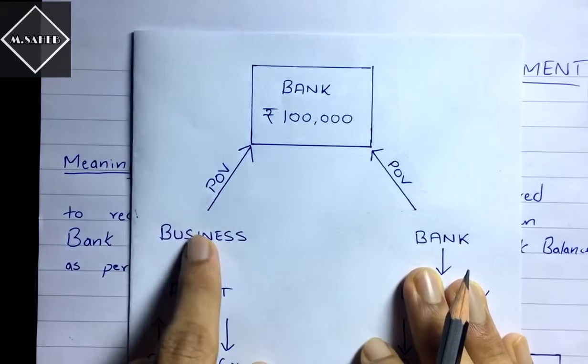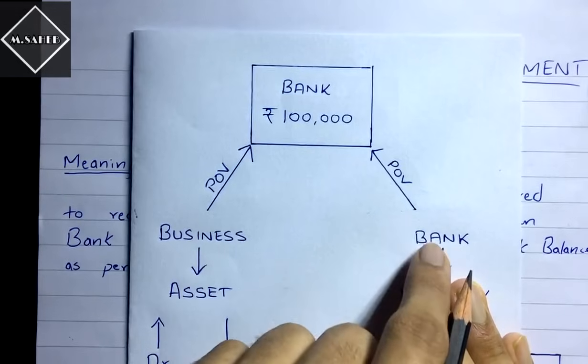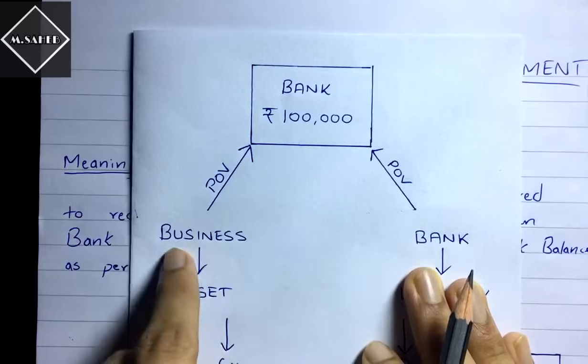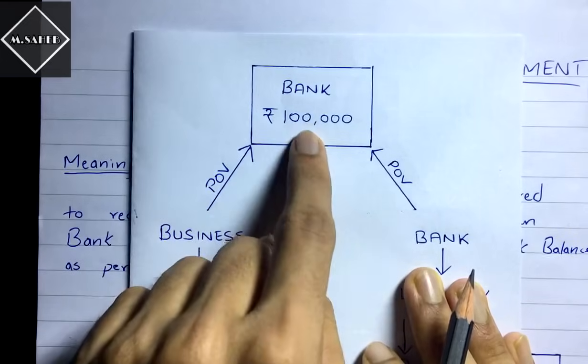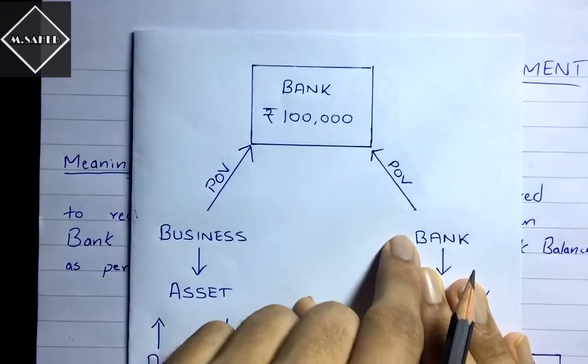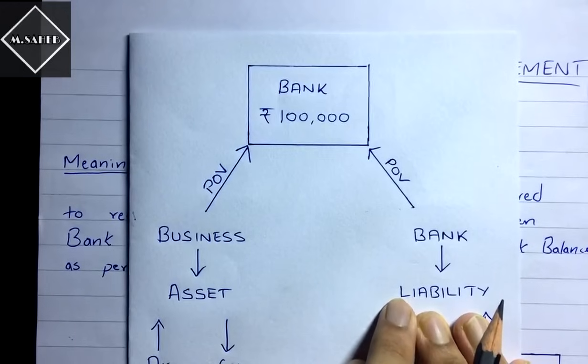This is the money of the business, right? The business is a customer of bank, isn't it? Yes, because business has opened an account with bank. So business is a customer and business owns that money and the bank is just keeping it. So for bank, this money is liability. You understand?